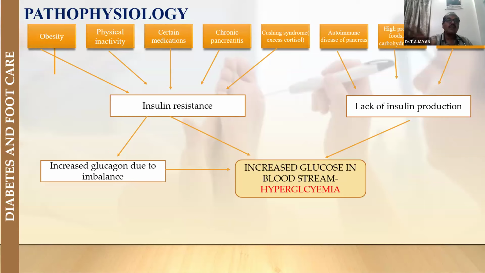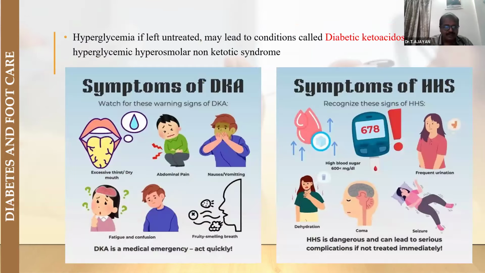All these lead to either insulin resistance or lack of insulin production, and both can lead to increased glucose in the bloodstream. That is called hyperglycemia. Then there are two complications we have already conveyed to you, the acute complications.